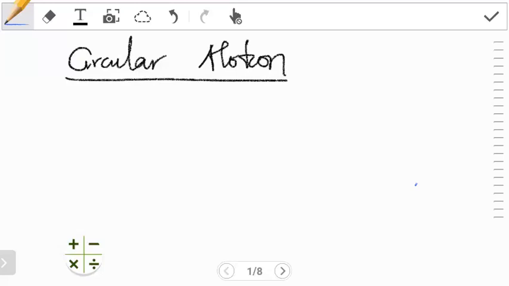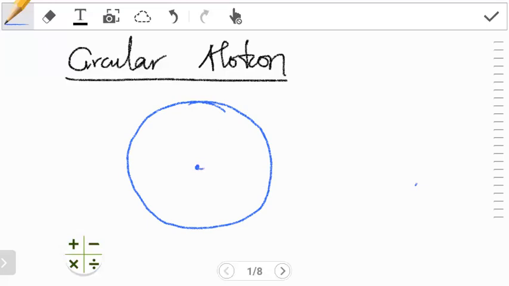So in circular motion as well, we also have to look at what the displacement is. But unlike in linear motion, where objects are moving in a straight path, here objects are moving in a circular path. So if we're going to describe the position of an object at any point along its path, then we have to do it in terms of angular displacement.